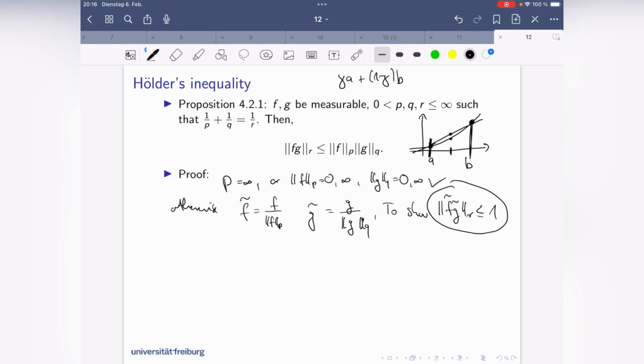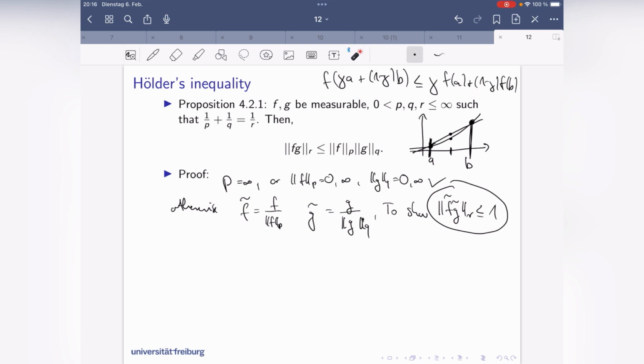And a function is called convex if the function value at this point here is below the line. And what's the value of the line? Well, that's gamma f of a plus 1 minus gamma f of b. So this here is convexity.